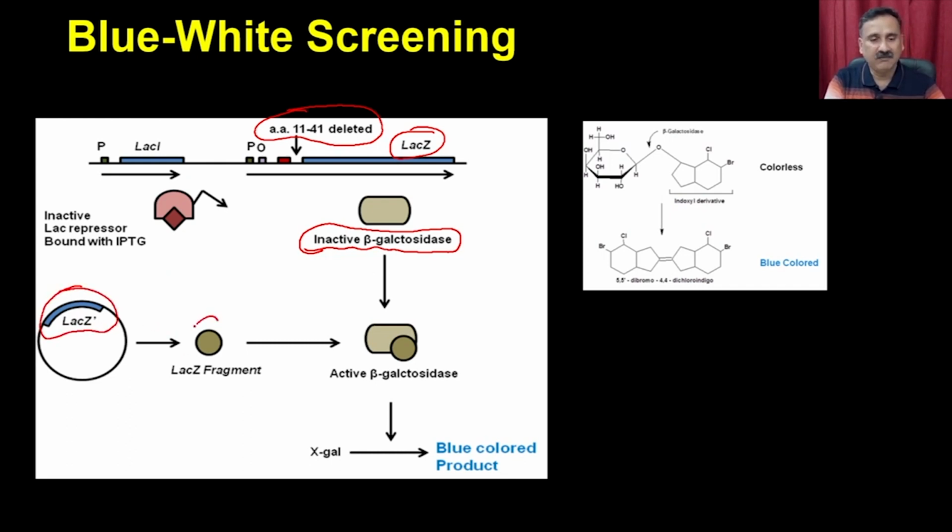So this lacZ fragment, when it combines with this inactive beta-galactosidase, is going to give you the active beta-galactosidase, and this active beta-galactosidase is going to convert the X-gal, which is a colorless product, into a blue colored product.